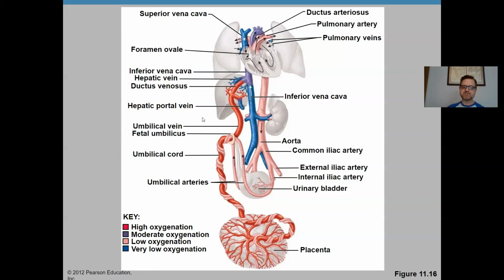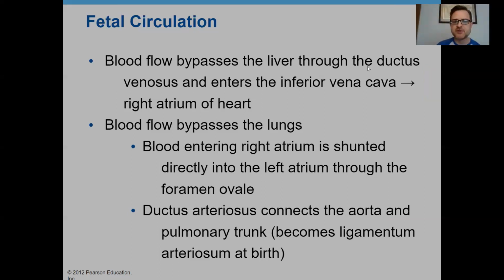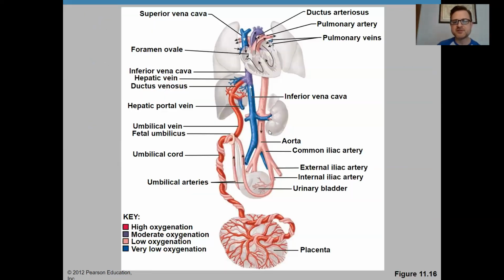All right. Okay. So this is what we just said. One thing I should have said. In a minute, we're going to see that your liver is super important. This thing called the ductus venosus: for a person that's born, going into a toddler or an adult, blood going through your liver is incredibly important from the day you're born.